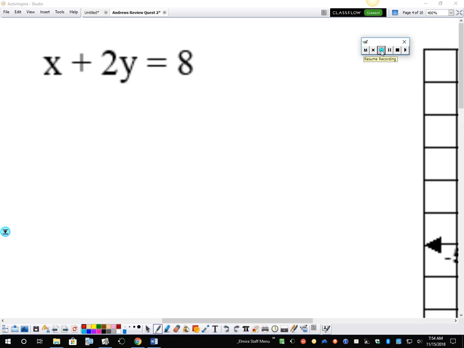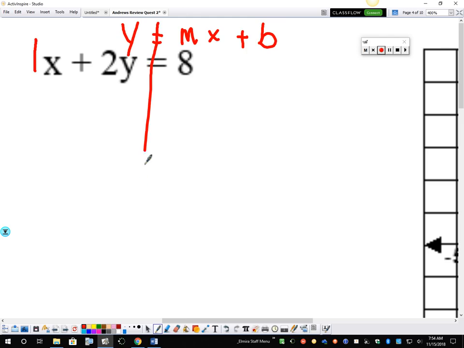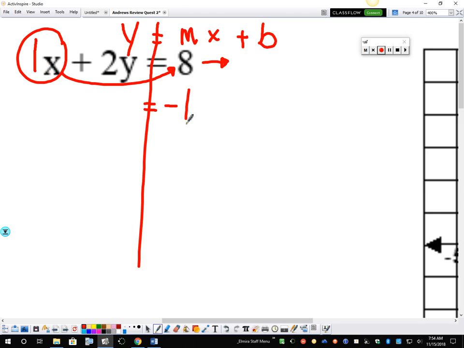So now I have my second equation, which also is not in y equals mx plus b form. I need the x, which is a positive 1x on the left-hand side. I need to move this over to the right-hand side. And then the 8 is going to have to move over to make room. So 1x, change sides, change signs. That'll be a -1x.